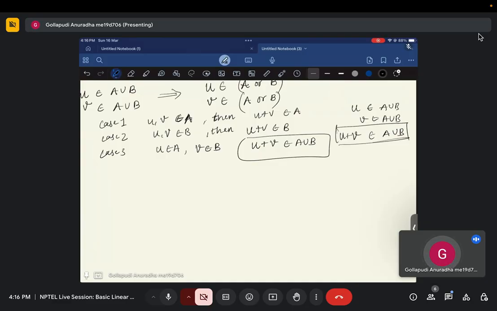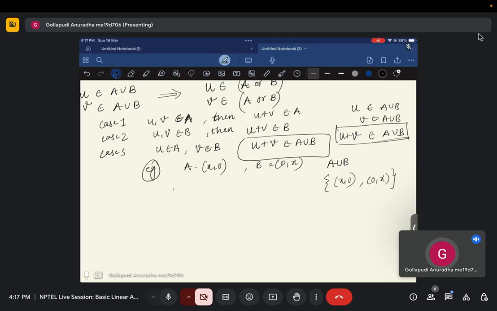There is no guarantee what will happen there. Let's take one counterexample for that. For example, A is (x, 0) and B is (0, x), and so A union B will be (x, 0) and (0, x).